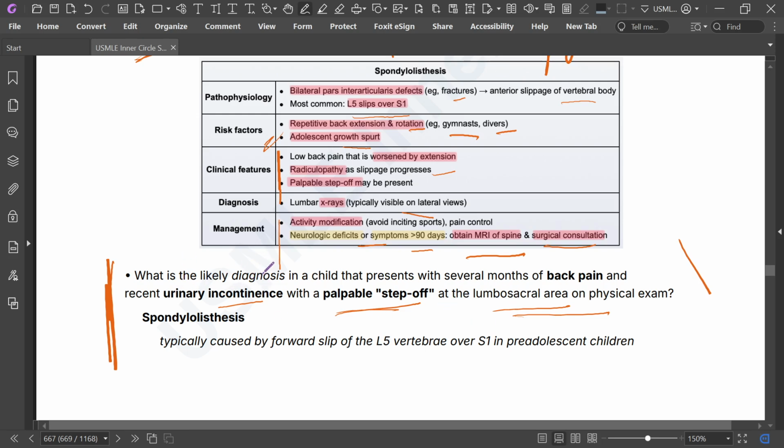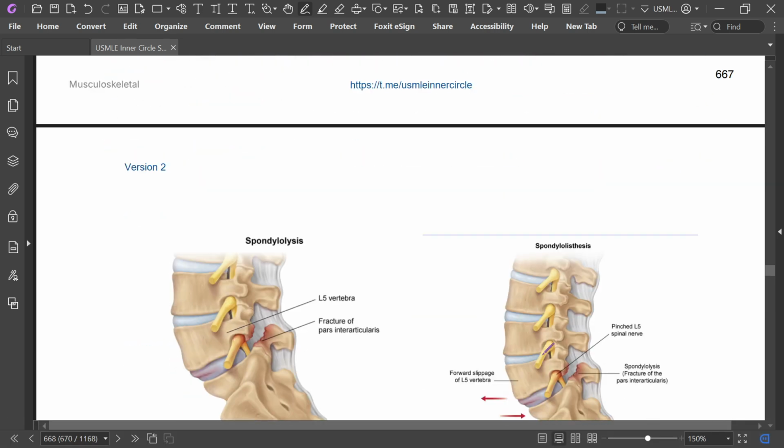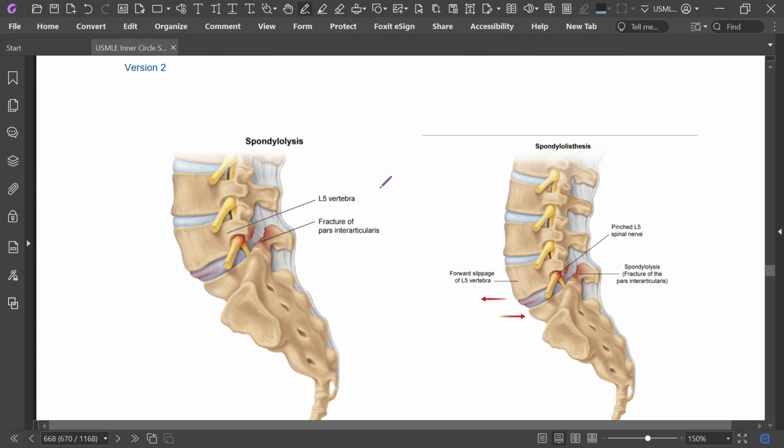It is spondylolisthesis, typically caused by forward slippage of L5 over S1 in a pre-adolescent child.